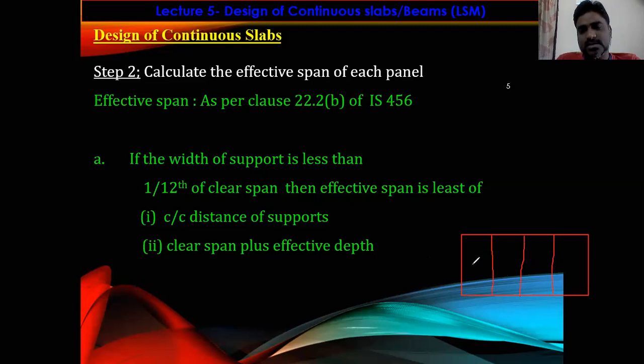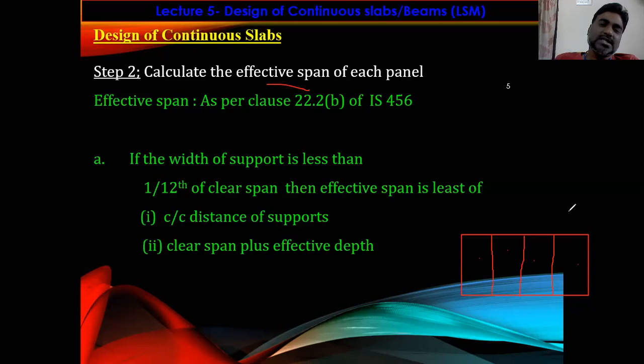So this is called one panel. One, two, three, four panels are there, right? So you need to determine the effective span for each panel separately, right? If it is equal span, then there is no issue, you can calculate only one. If it is the other case, then you need to determine it for all panels separately.